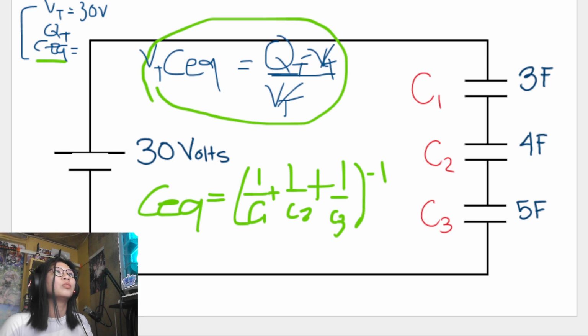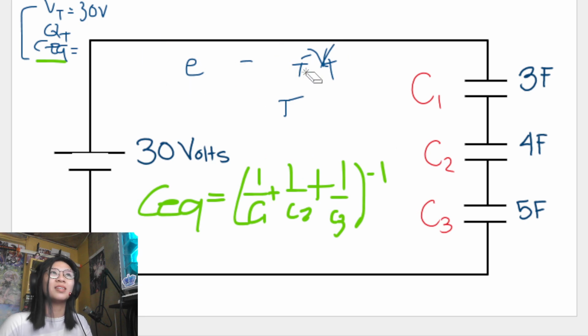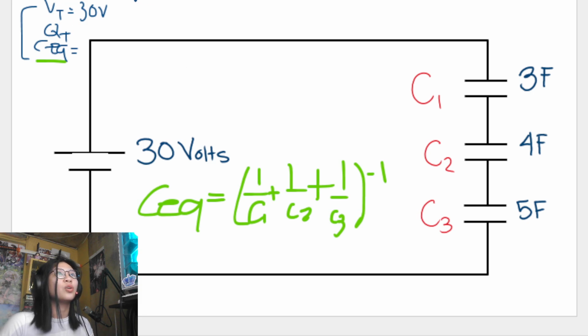So, to make it easier, I tend to list all the things that I need. So, note the VT, QT, CEQ. Together with our C1, that is 3 farads, we will find our Q1 and our V1. Same with C2, Q2, and V2.